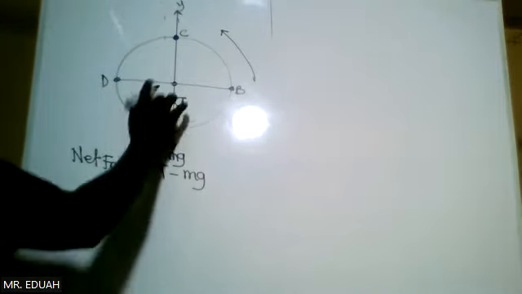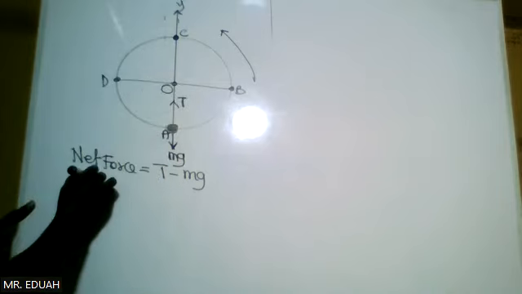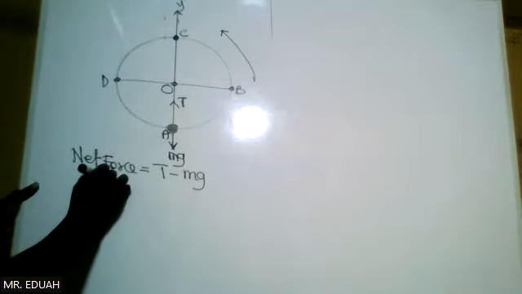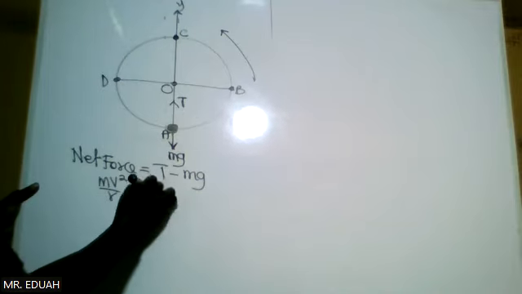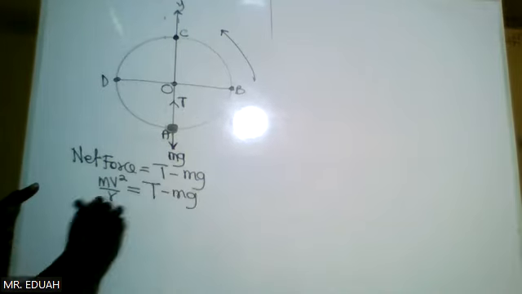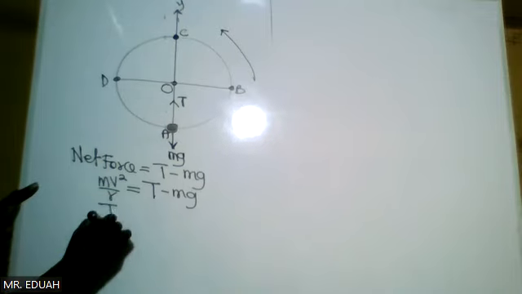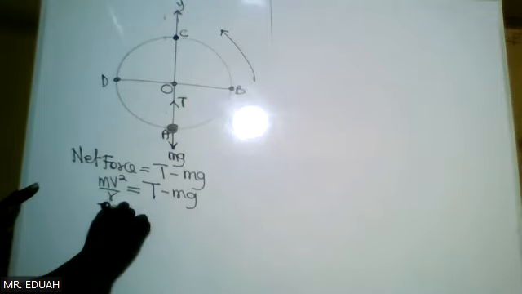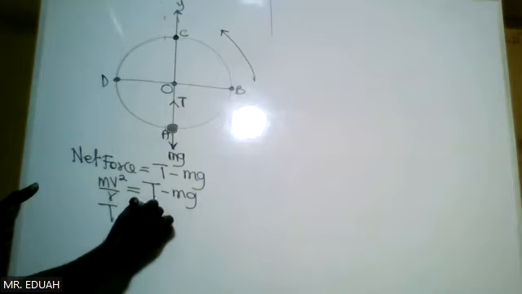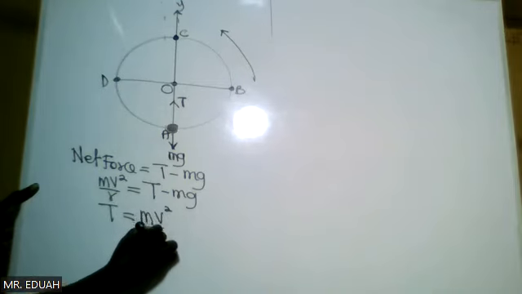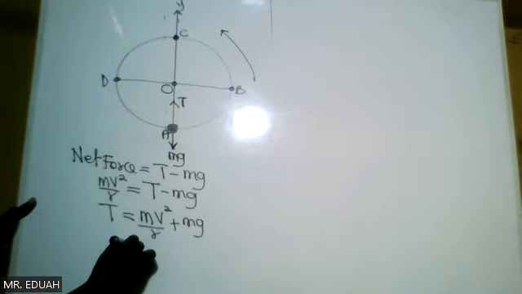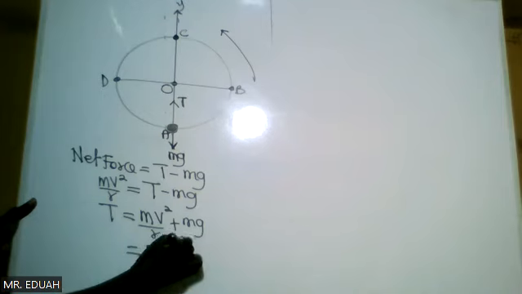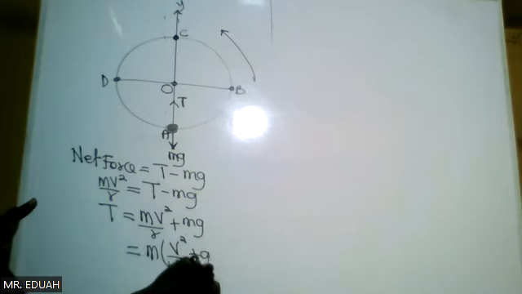The net force is directed towards the center of the circle, and so that provides the centripetal force. T at this point, therefore, is equal to mv squared over r plus mg, which gives us m times v squared over r plus g.